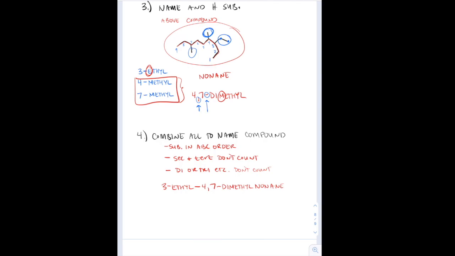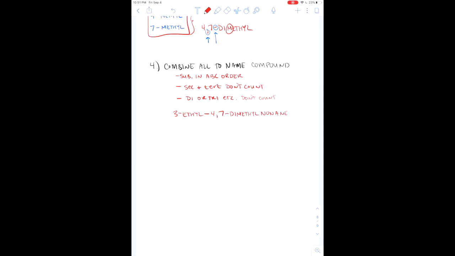And again, that's no matter where you are in the world. Another thing we want to mention is that if we have a branch substituent, the way we name that is as a compound, and then we can include the prefix in ABC order. And so let me write that down for you.